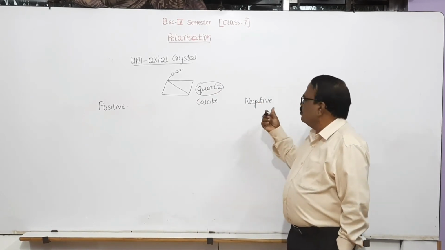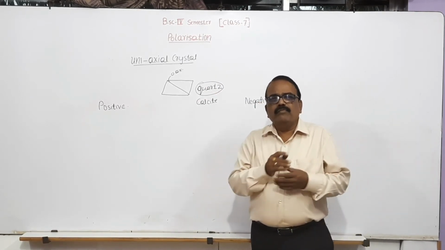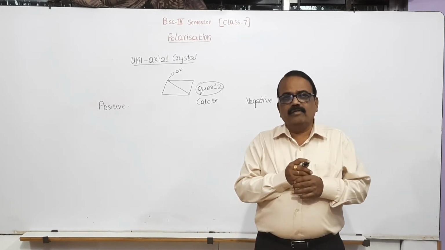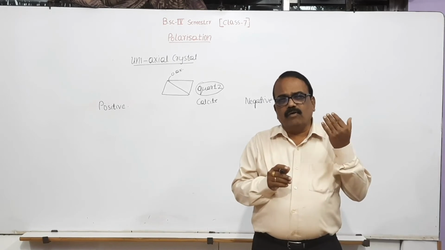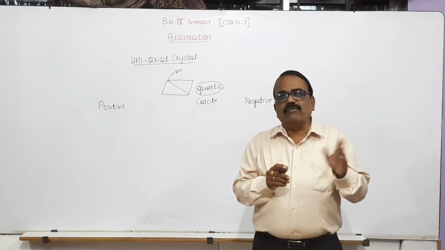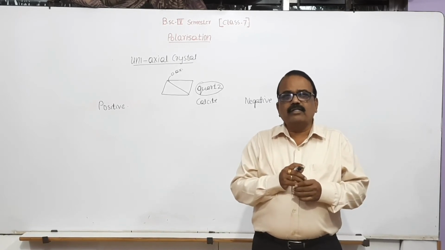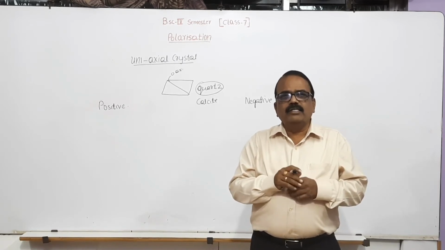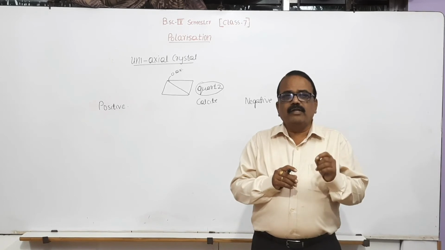And what is a negative crystal? If the extraordinary ray travels faster than the ordinary ray inside the doubly refracting crystal, it is called a negative crystal.